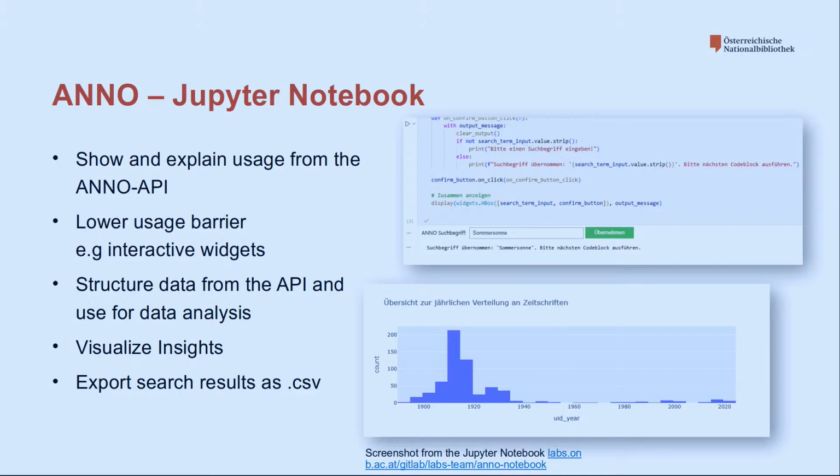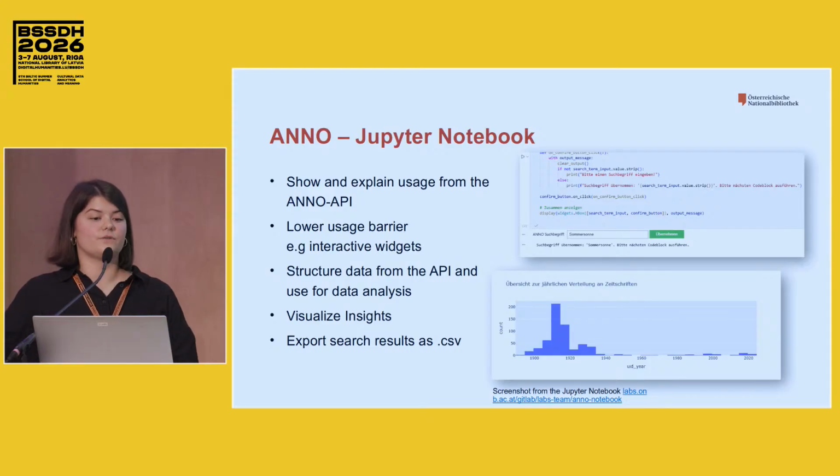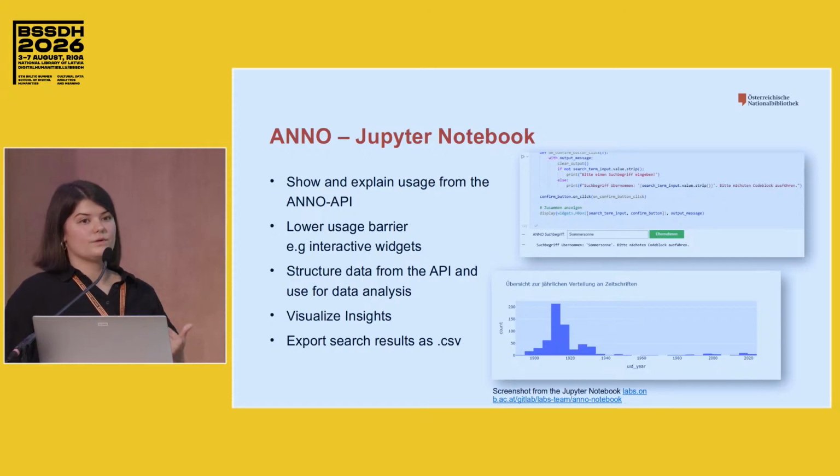Because there is an API, our library has an API for it, but in the labs we often get questions like, how does this work, or how can I get, for example, this metadata? So we developed a Jupyter notebook which shows exactly how the usage of this API, this programming interface, works.